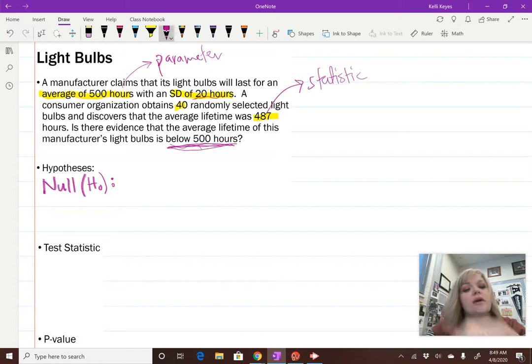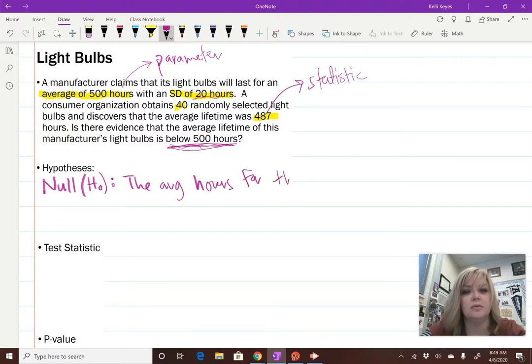So the null is the average hours for this light bulb, because it's saying this particular light bulb, whoever that manufacturer is.